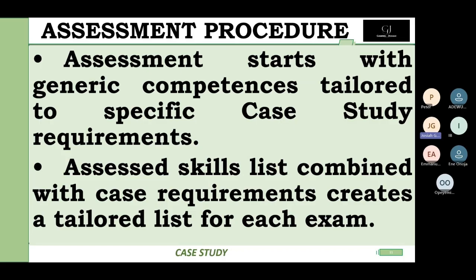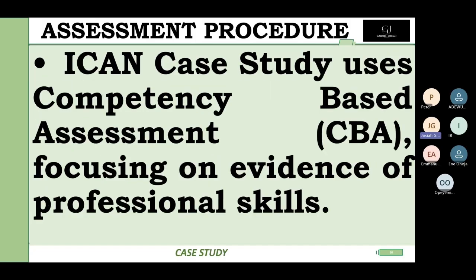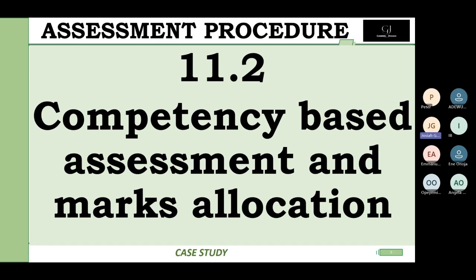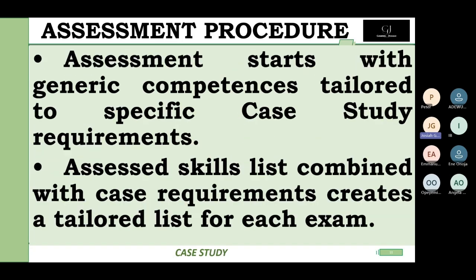So every skill you're supposed to display for the case study exams is created by the examiner, and they are just 2. And every other list based on the boxes, based on the requirements, based on what you are supposed to write on, is what you are examined by. So that is what determines the competency and how your marks are allocated.